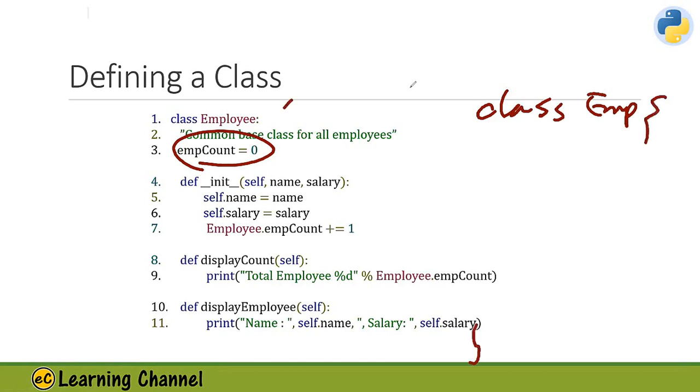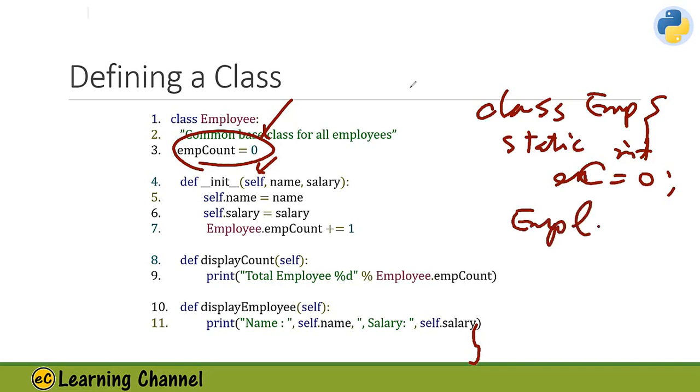And here this guy should be static, okay, and then integer employeeCount. And here, this one is the constructor, I should do Employee, and then name and salary, right?